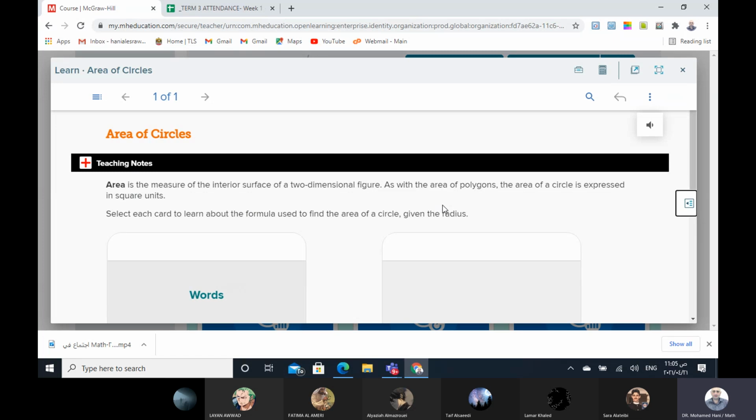So what's the meaning of the area of the circles? Listen, please. Area of circles. Teaching notes. Area is the measure of the interior surface of a two-dimensional figure. As with the area of polygons, the area of a circle is expressed in square units.